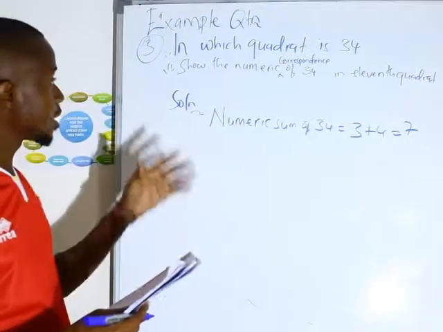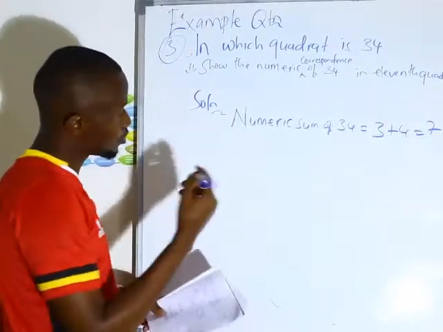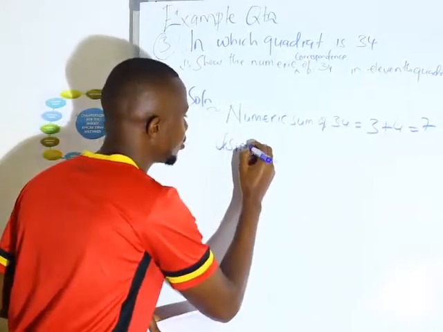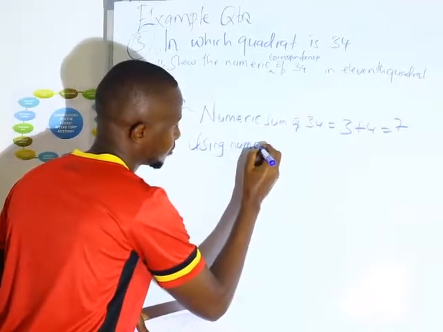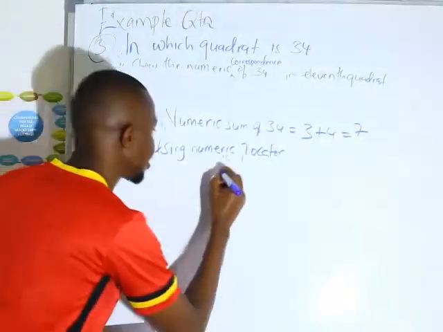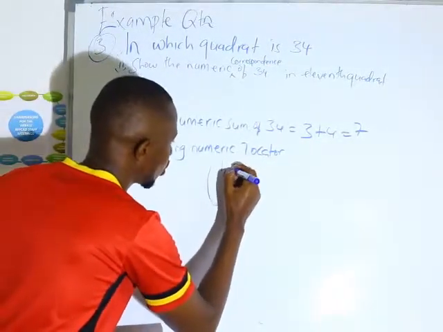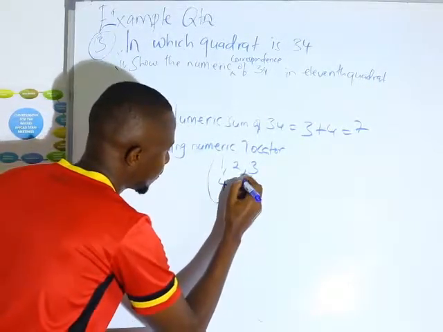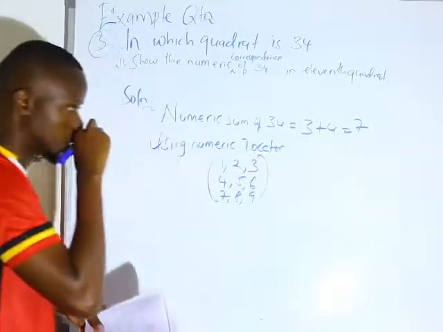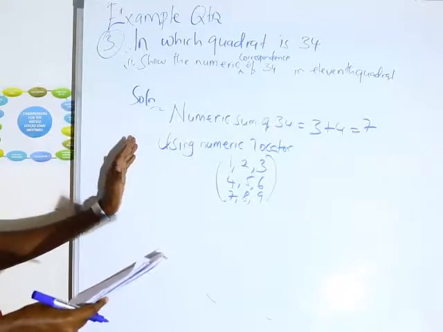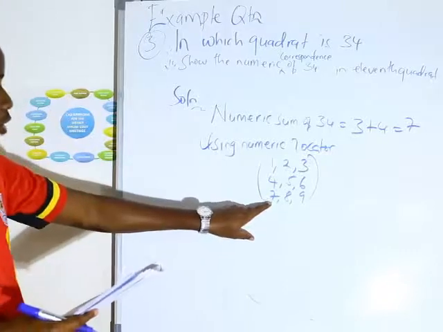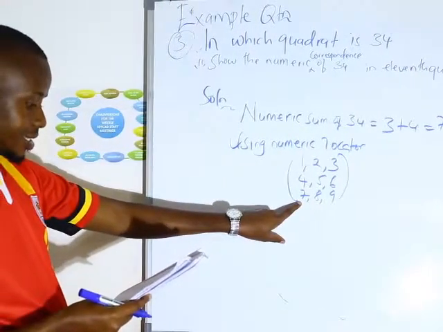Then, using the numeric locator, which is the same as the first quadrant, 1, 2, 3, 4, 5, 6, 7, 8, 9, we see 34 adds to 7, and the position of 7 here is this.